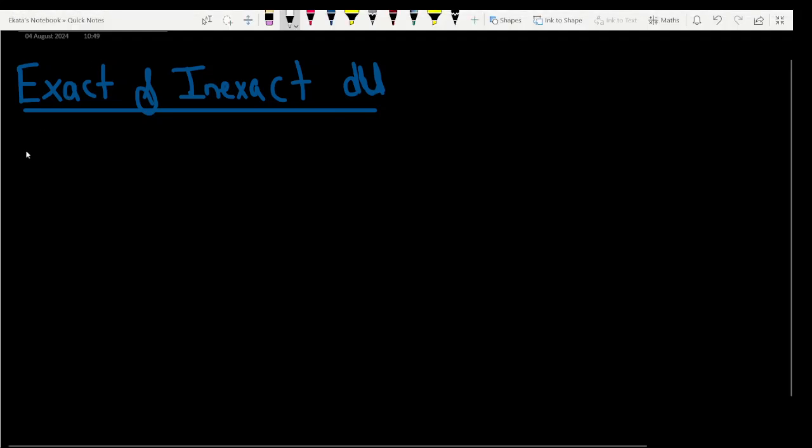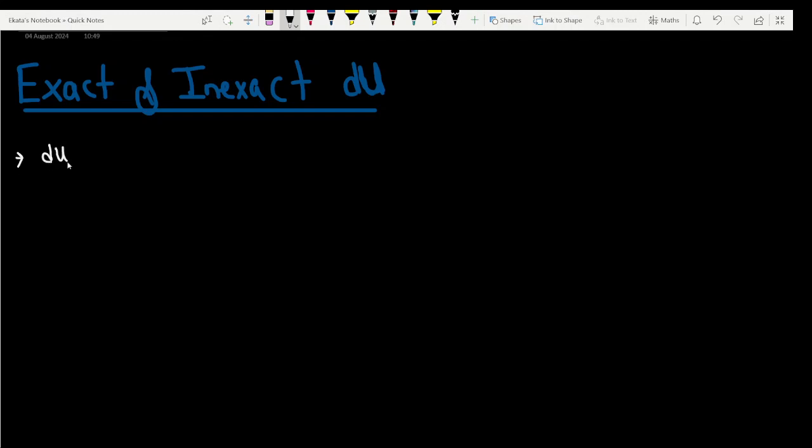So in the previous video we defined how we can define a differential. So a differential, let's say du, is defined as, here it is not du divided by, it is a partial derivative, not a normal derivative. So here is the partial derivative of u with respect to x, dx, plus the partial derivative of u with respect to y, dy.